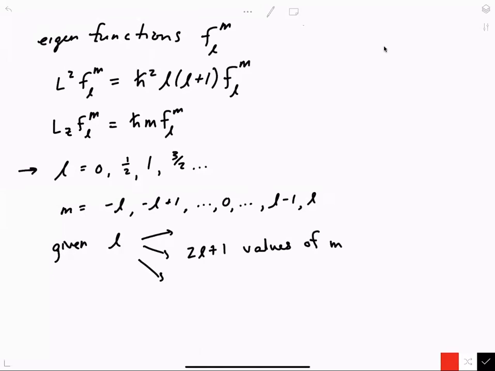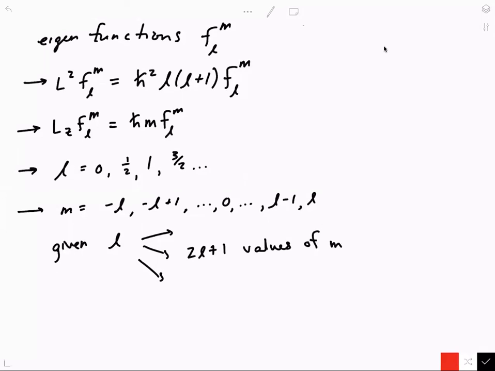This L has to do with our angular momentum squared, and this m has to do with L_z, one component of our angular momentum.